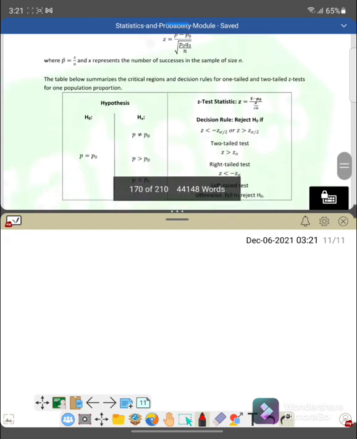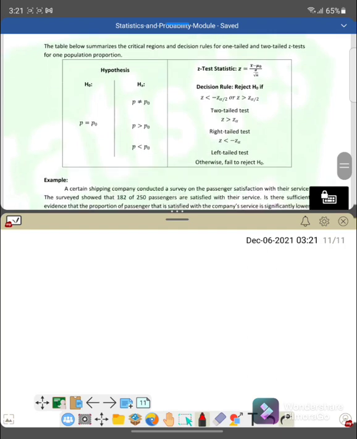So the table below summarizes the critical region. Okay, so same rules, only the representation is different from the previous lesson. So still we have the decision rule: reject if your z is less than negative z sub alpha over 2, or z is greater than z sub alpha over 2.